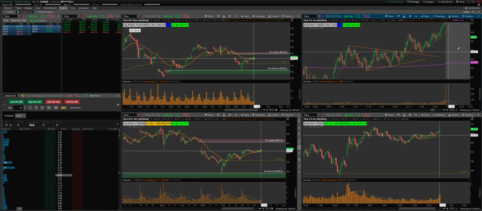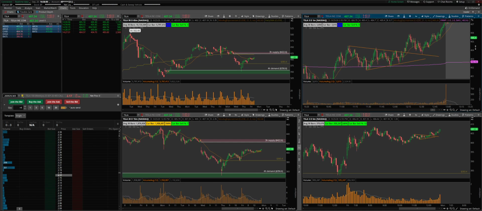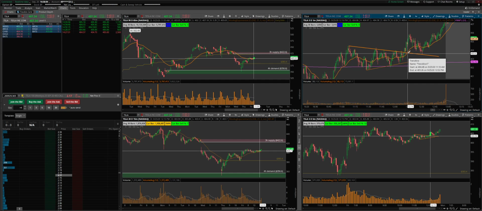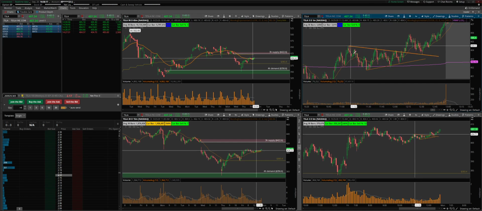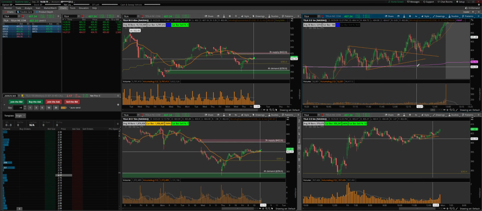So what you want to do in these kinds of patterns, like symmetrical triangle patterns, and I think it's just my style of trading, I'm a little more aggressive than most people, but let me show you my mentality in these triangles when they're forming.